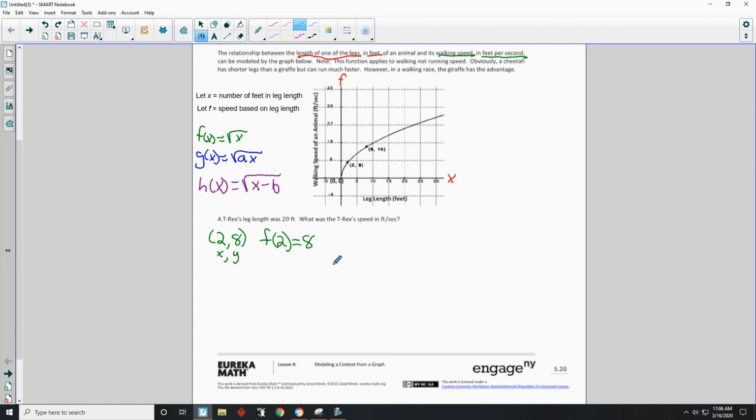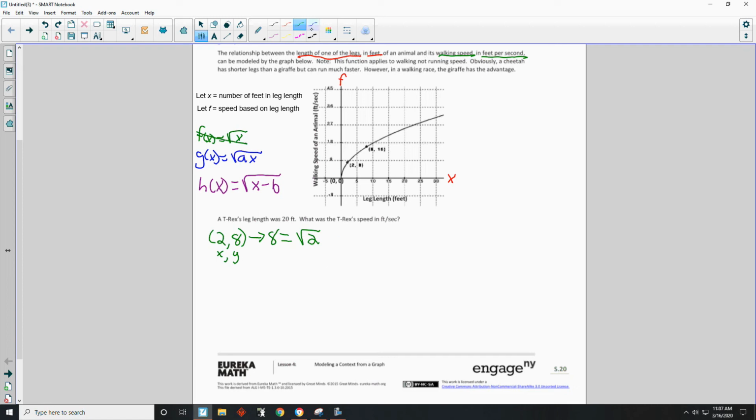Given that 2 comma 8 position, that is going to yield an 8. That's saying that y equals, because that's what f of x is, y equals the square root of x. Well, obviously 8 is not the square root of 2. The square root of 2 is 1 point something. So it is definitely not f of x.